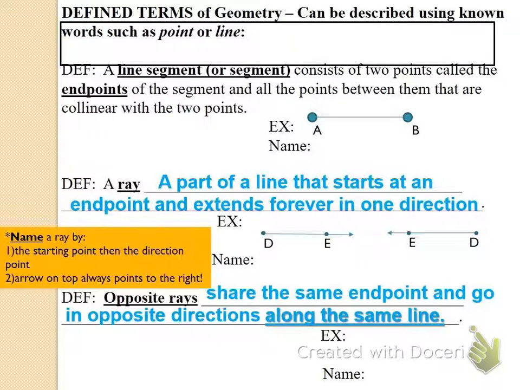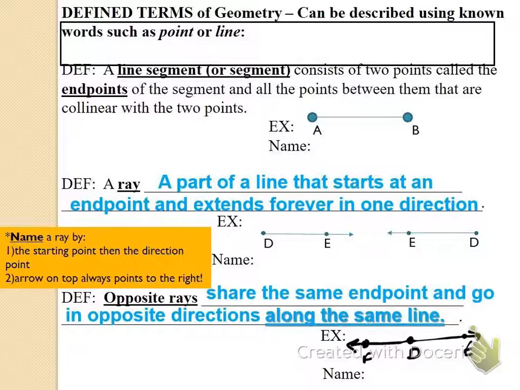Okay? So that brings us to the idea of opposite rays. Opposite rays are simply rays that go in opposite directions. They share an endpoint and they go in opposite directions. So if I were to draw a ray that went this way, say, and again, we can stick with DE if you want, the opposite ray would share that endpoint and go in the opposite direction. So this could be DF.